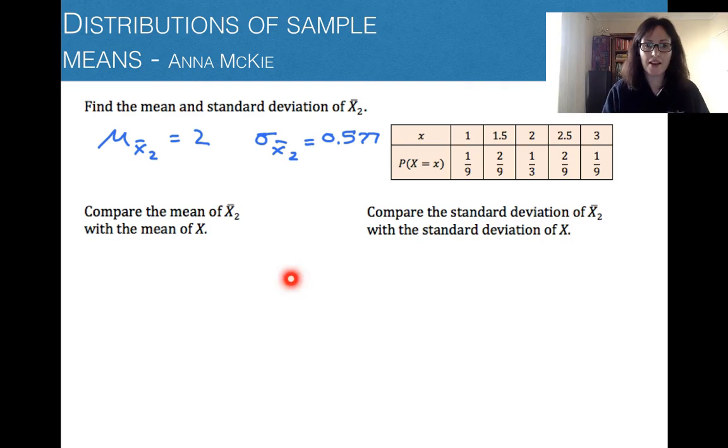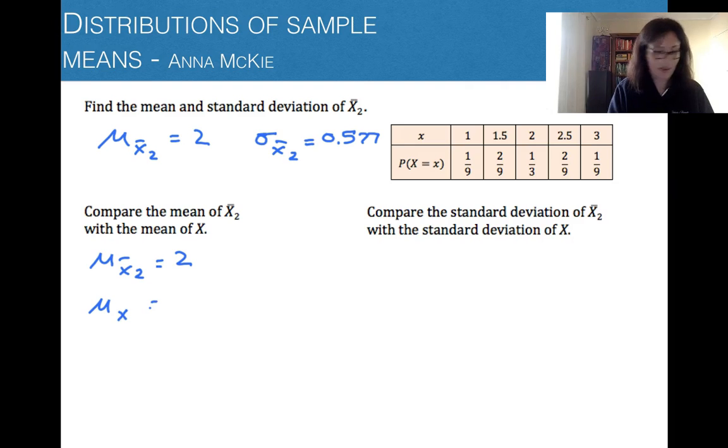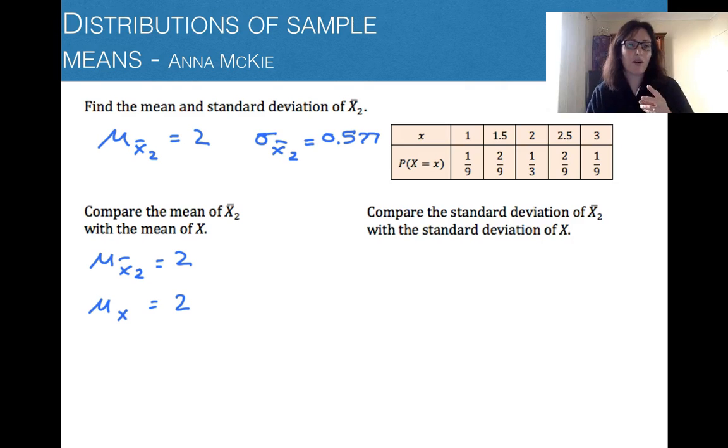How do these compare, the mean of x bar 2 and the mean of x? Well, you might notice that they're the same. The mean of x bar 2 is equal to 2, and the mean of x is equal to 2 as well. I wonder if that's the case all the time.